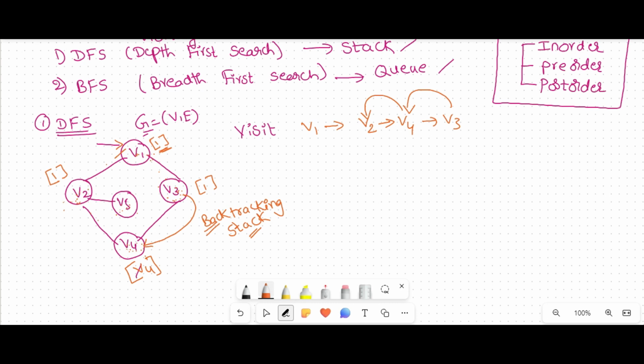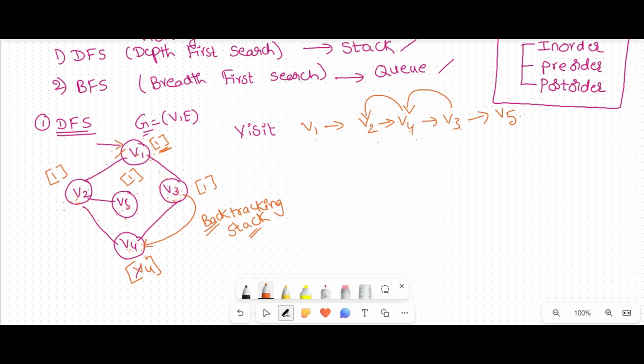V1 and V4 are visited, V5 is not visited, so visit V5. You have visited all the vertices in the graph, and the visiting order is V1, V2, V4, V3 and then V5.